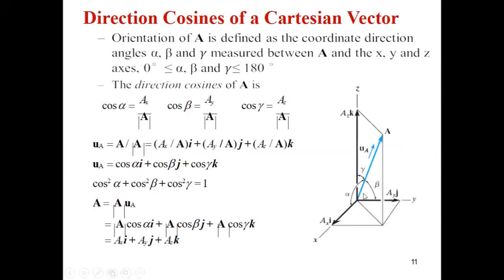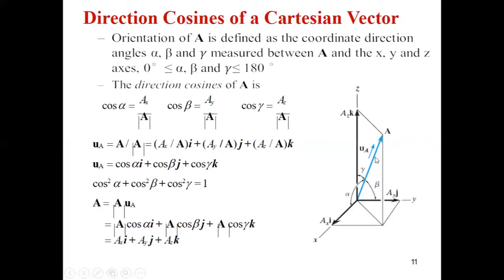In three dimensions, for example, there is a vector A. It has three components: ax along the x-axis, direction i; ay along the y-axis, direction j; az along the z-axis, direction k. And if we consider the angle of this vector A with the x-axis alpha, the y-axis beta, and the z-axis gamma, these are known as the direction of the vector A. Okay, and this is the orientation.